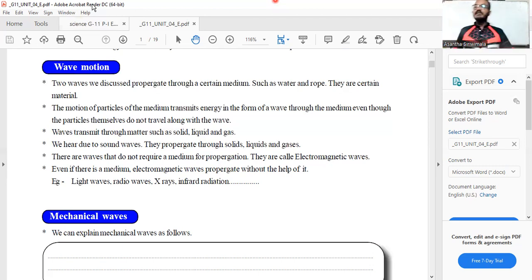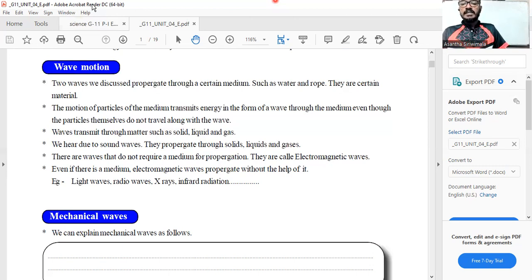Then again, radio waves also are the same. Earth is communicating with satellites through a vacuum. So the electromagnetic waves, the radio waves, come under this category, but sound waves do not.